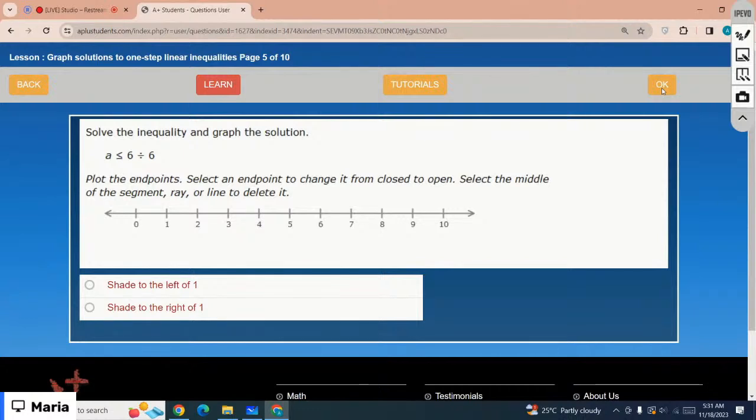Yes, the correct option is shade to the left of 1, right? Because that would be A is less than or equal to 1.